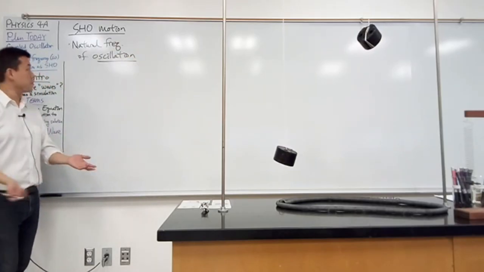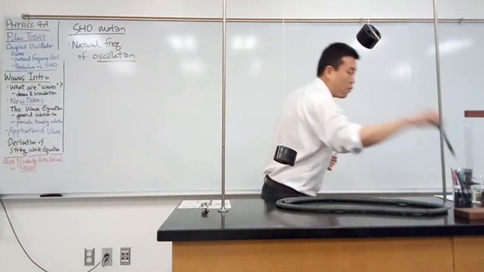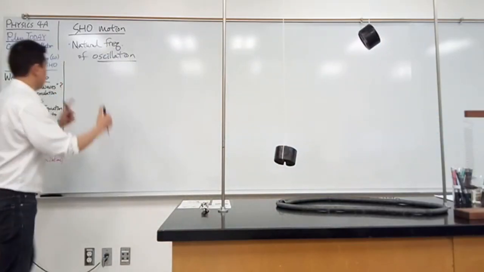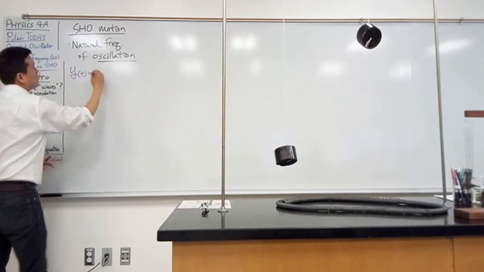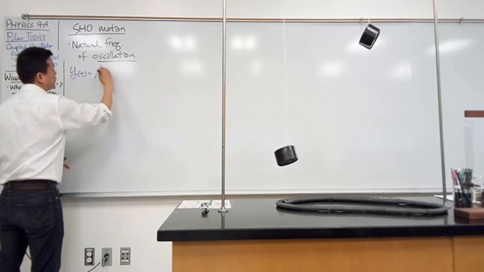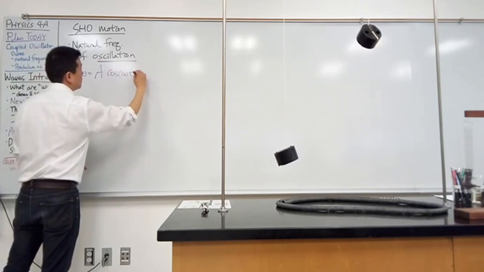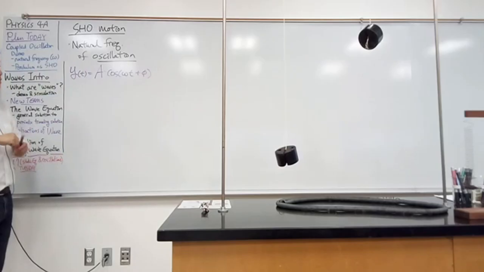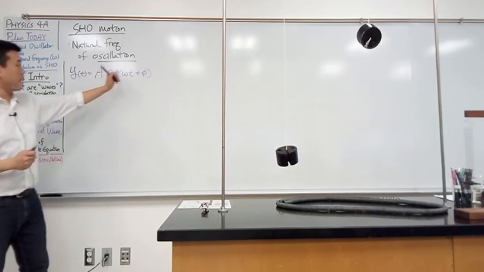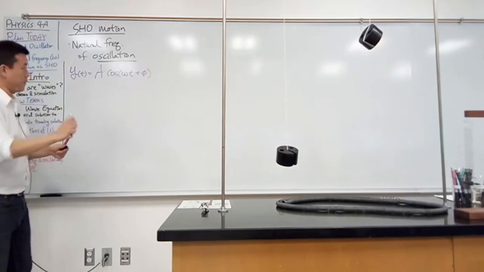We derived, so when you describe the motion of the mass this way with this function, the height of the mass as a function of time is equal to some amplitude times cosine of omega t plus the phase factor. What you saw last time was that a lot of these parameters were variables or undetermined, except one.